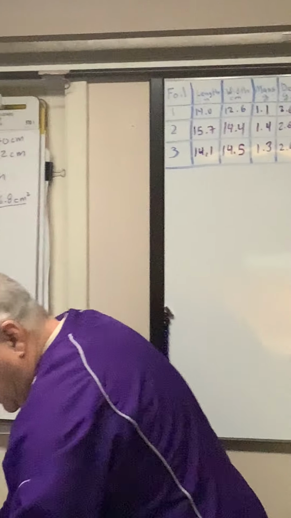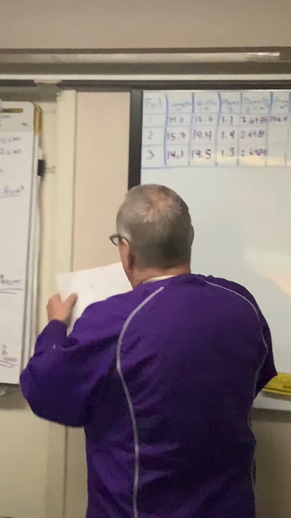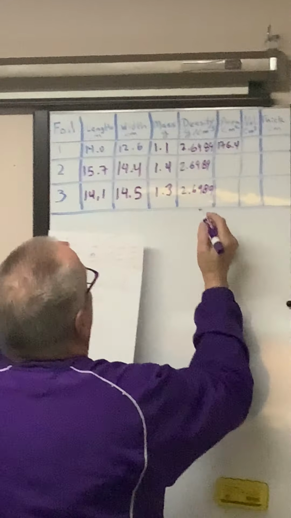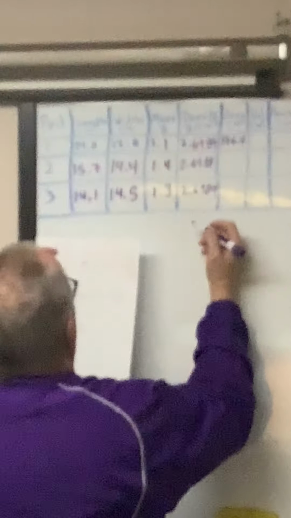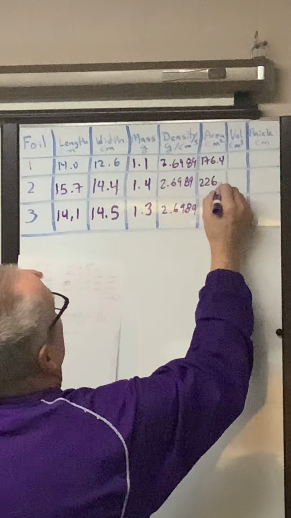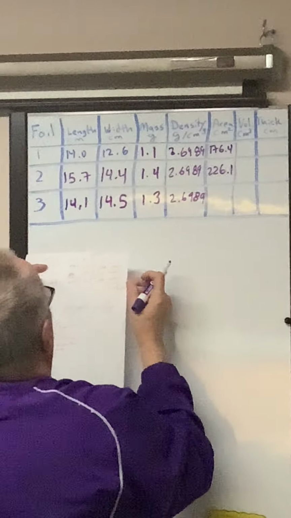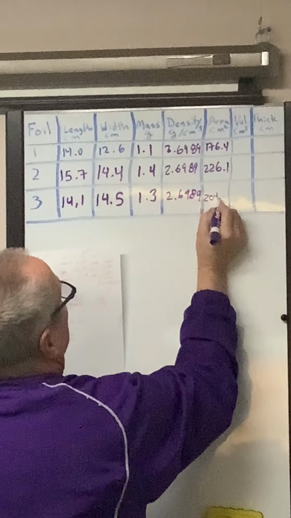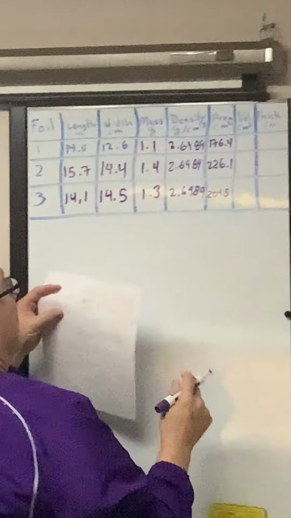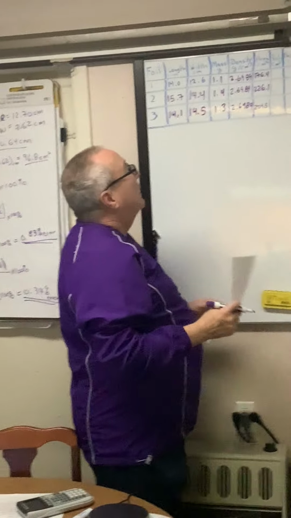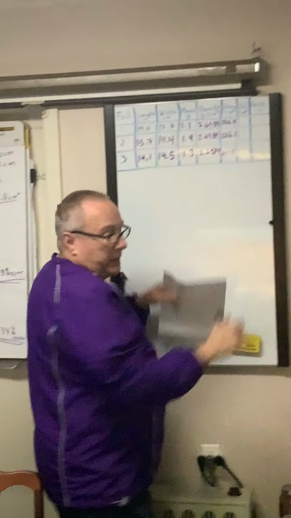And I have already done these calculations, so 176 square centimeters. This one's 226.1. Of course, we would never report that in our final value. This one's 204.5. You might round it up to 205. I would round it to the nearest even number, 204. But this is just my length times my width.